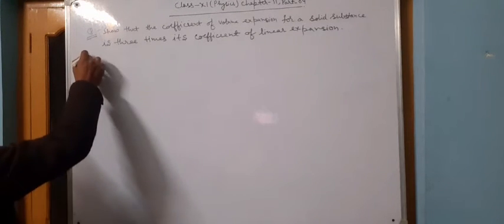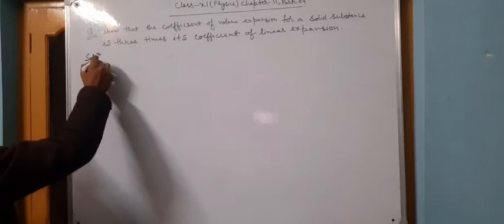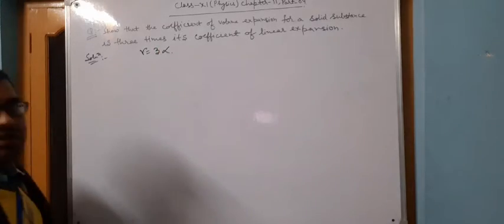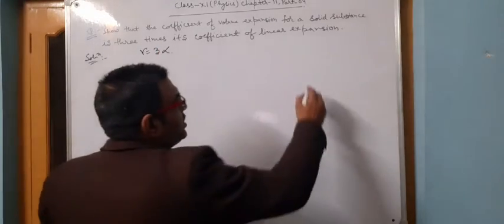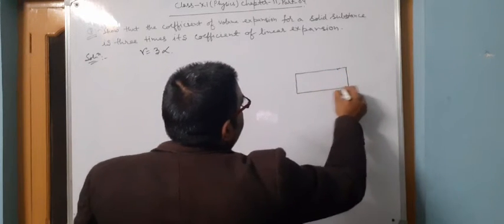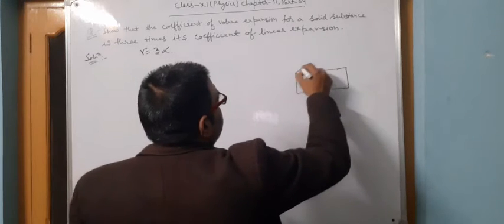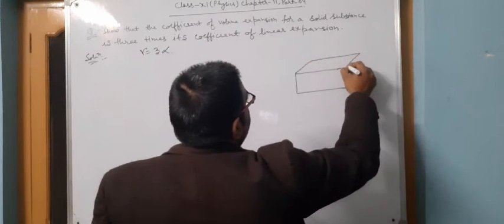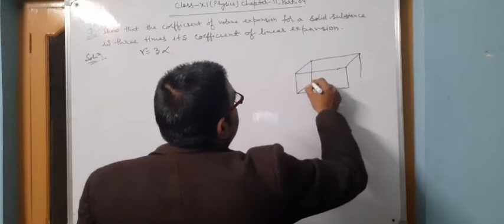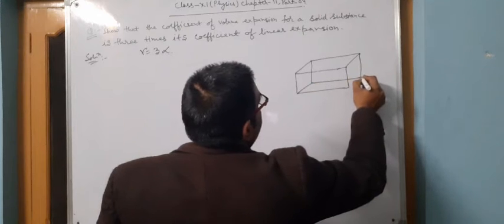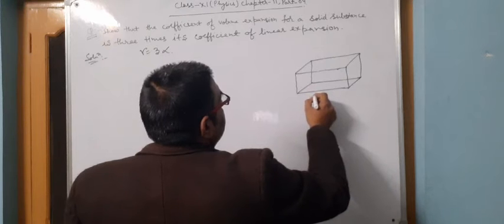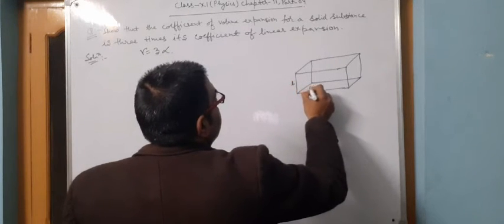Means here we have to show that gamma is equal to 3 alpha, and for this we will suppose a cuboid, with sides A, B and C.